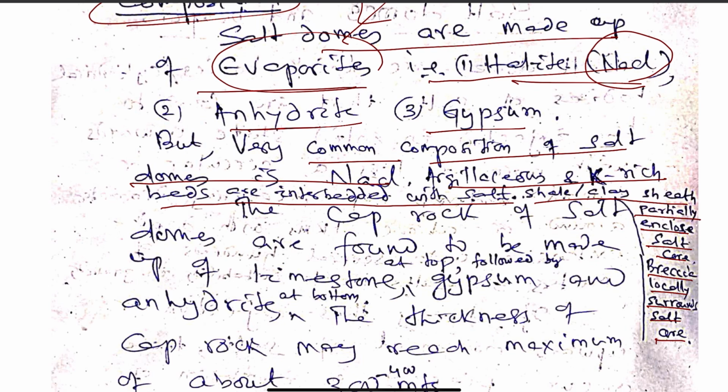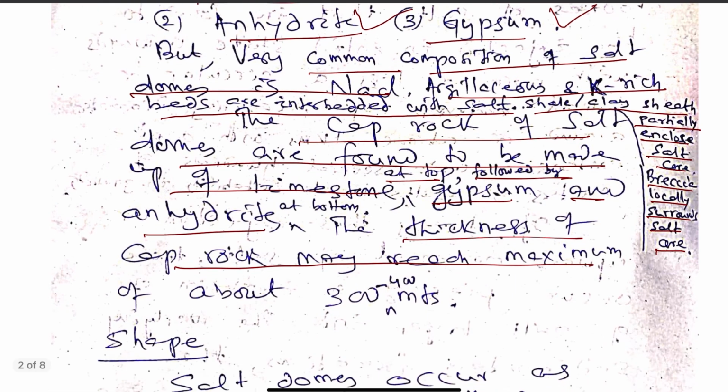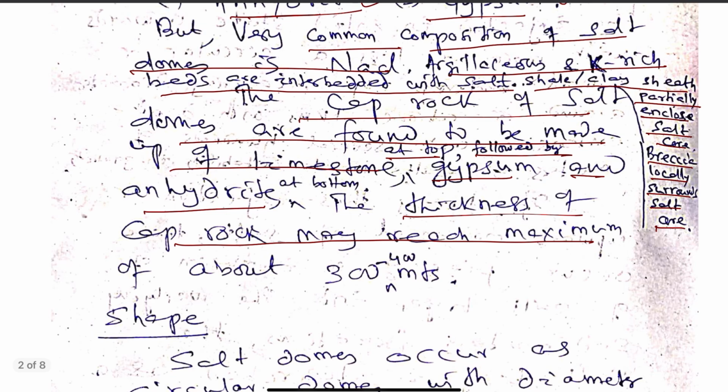So, the common composition of a salt dome is NaCl and to some extent anhydrite and gypsum. The cap rock of salt domes is found to be made up of limestone at the top, followed by gypsum, and at the bottom we have anhydrite. The thickness of the cap rock may reach a maximum of 300 to 400 meters.